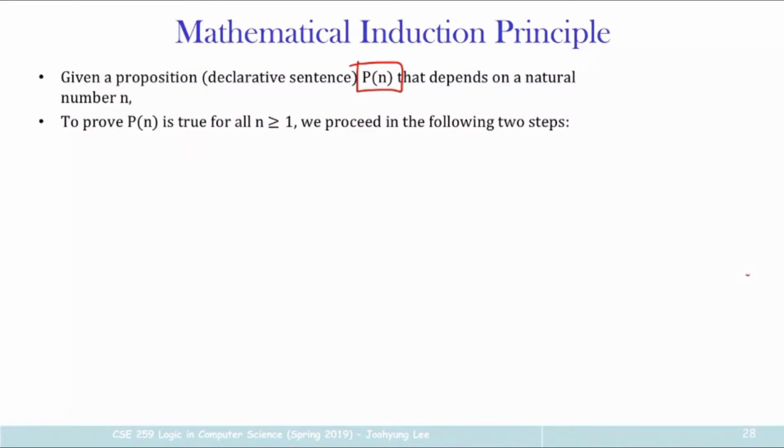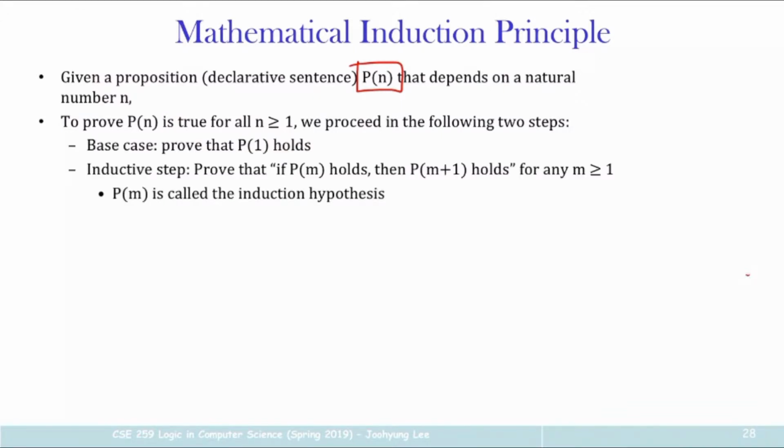So to prove P of n is true for all natural numbers greater than or equal to 1, we show these 2 cases. One is the so-called base case: prove that P of 1 is true. And the other case is the inductive step. If P of m holds, then P of m plus 1 holds. If you can show these 2 cases, then you can claim that P of n holds for all numbers n. That's the induction principle.